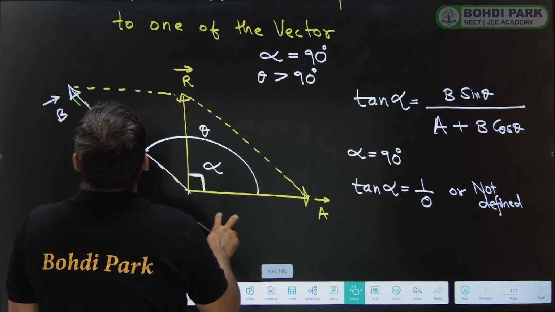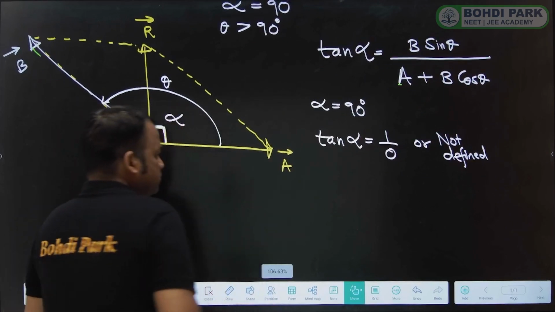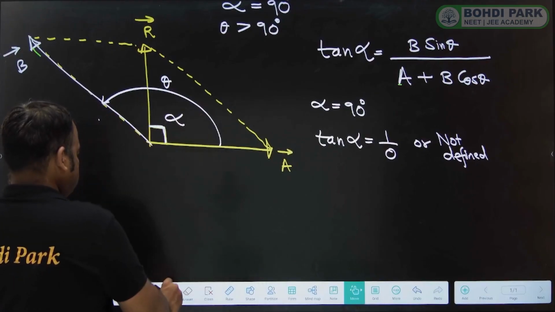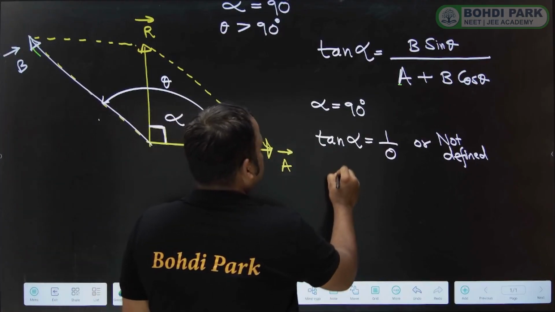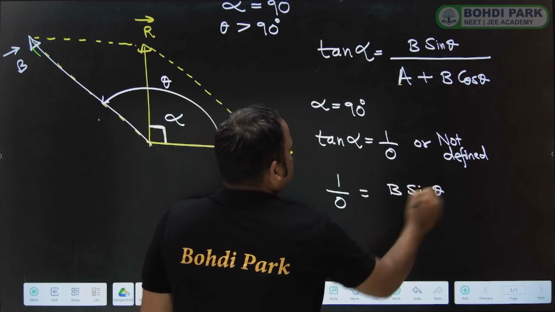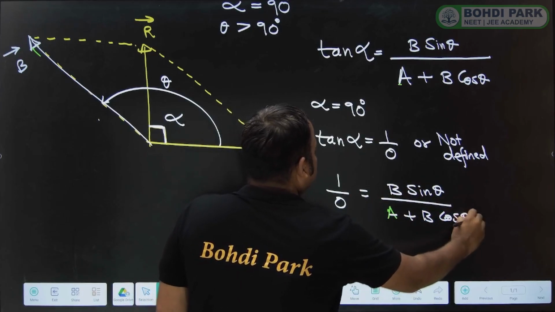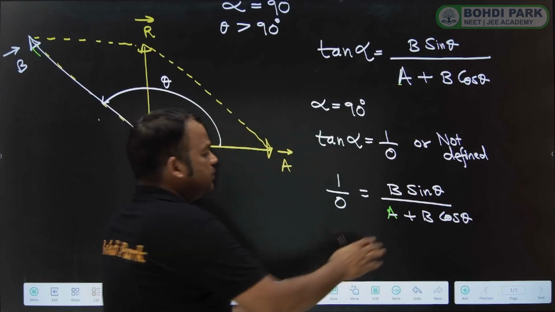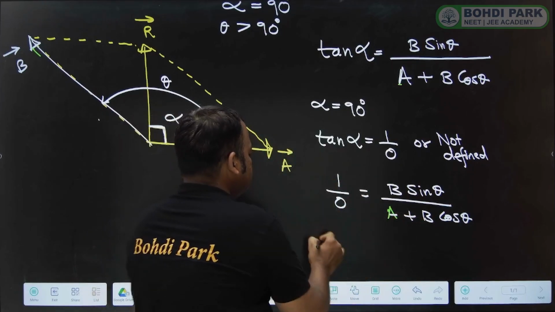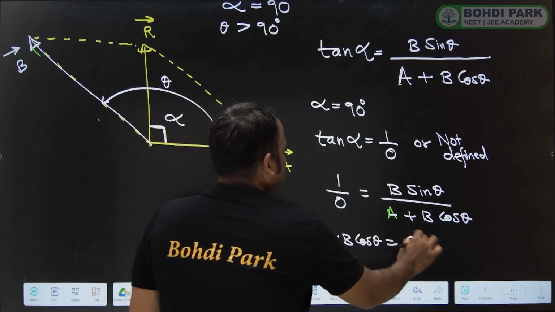Then we will get 1 by 0 is equal to B sine theta divided by A plus B cos theta. Then do cross multiplication. So A plus B cos theta is equal to 0.